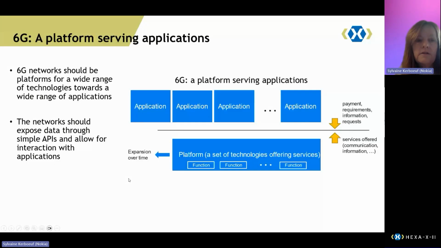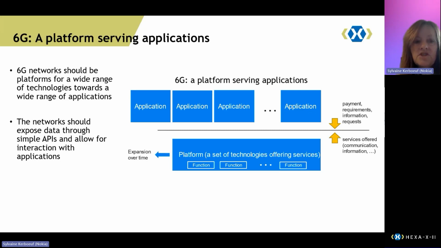Then we also consider that in Hexa-X-II, 6G will be the platform that provides a wide range of services, not only those related to communication for vertical end users or applications, but really enabling the value of new services such as AI service, compute offloading service, and so on.